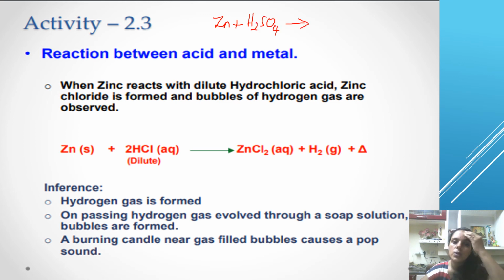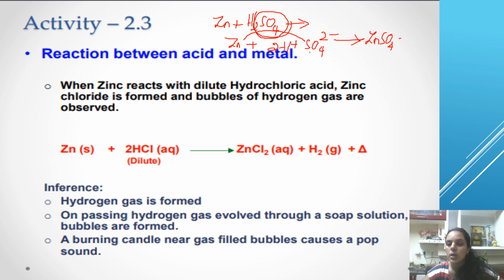You already studied the single displacement reaction in your previous chapter. Here the sulfate ion, SO4 2 minus, is a polyatomic anion. This polyatomic anion displaces its place towards zinc, forming zinc sulfate along with H2.